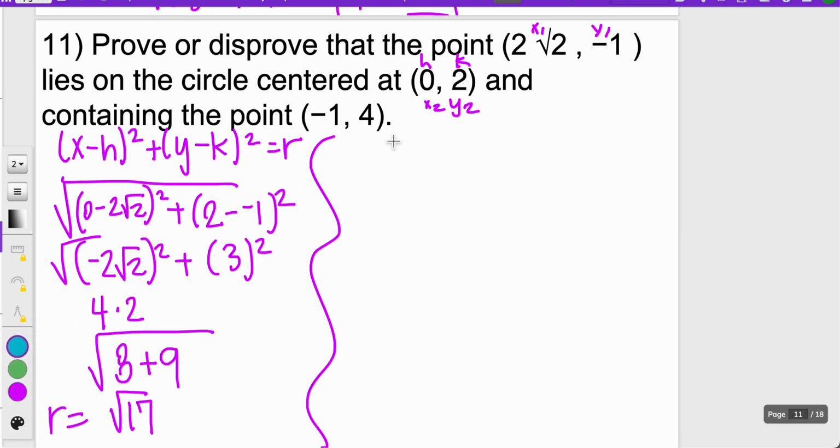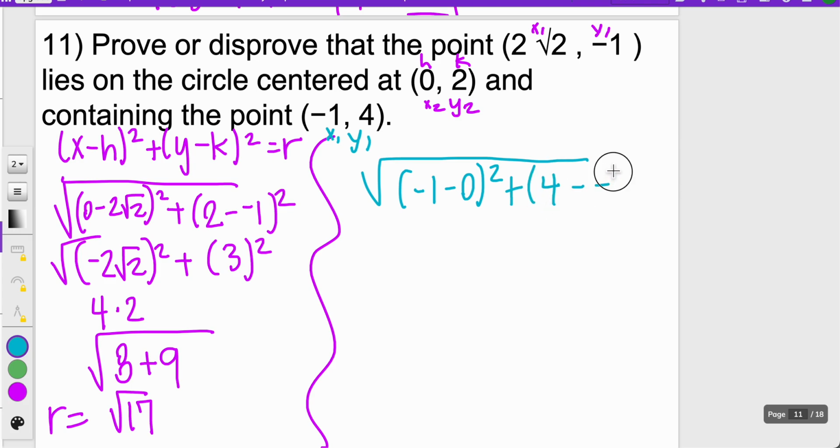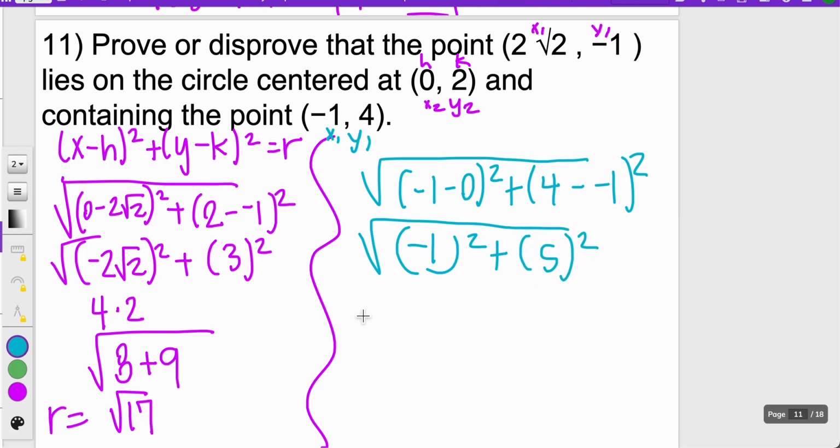Then for option number 2, this can be your x1, y1, x2, y2 again. So my x1, (negative 1 minus 0) squared plus (4 minus negative 1) squared. Okay? I'm going to get negative 1 minus 0 is negative 1. And then 4 minus negative 1 is 5. So what that ends up being is 1 plus 25, which is the square root of 26.